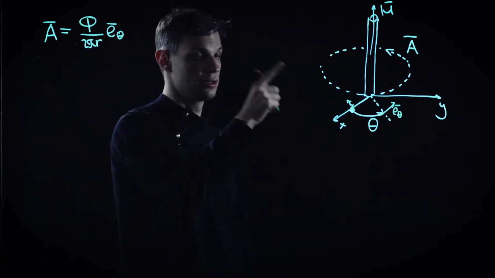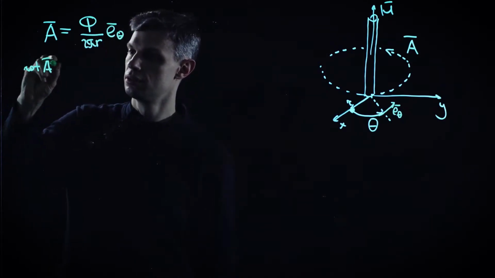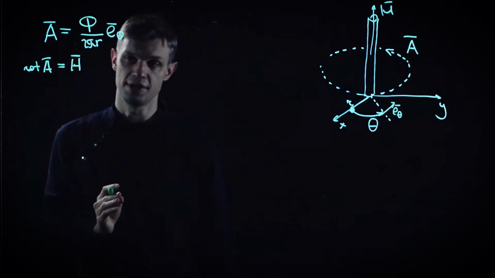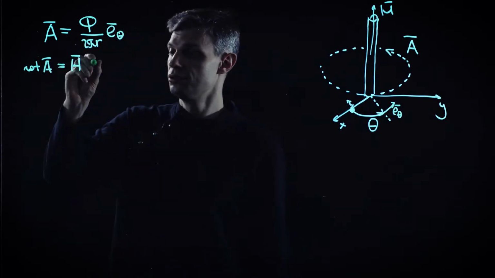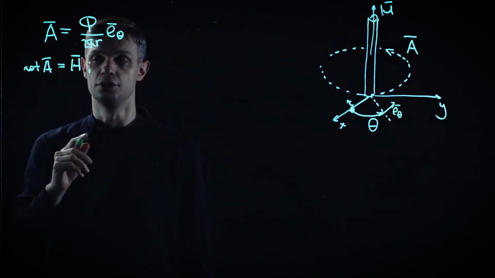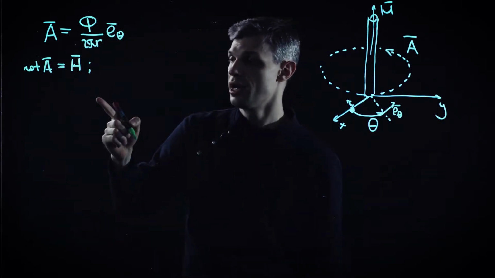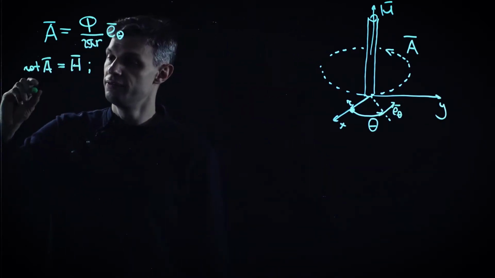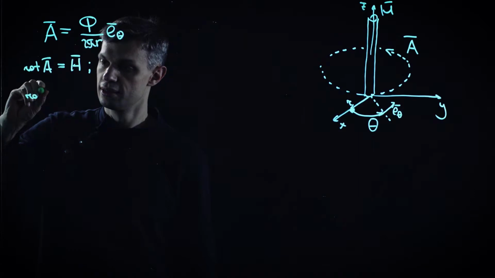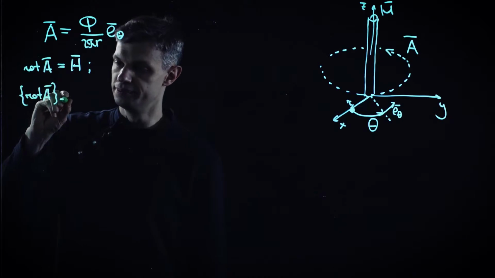One can compute the curl of the vector potential, which naturally gives us the vector of the magnetic field. And if you remember the formula for the curl in polar or cylindrical coordinates, the only non-zero component of the curl is the vertical, the z component, and it is computed with the help of the following formula.